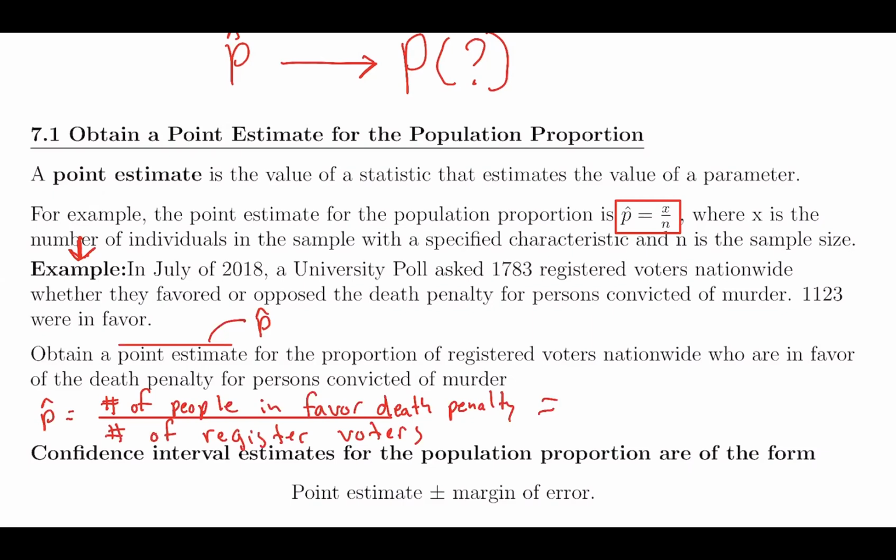On top, we just want how many people are in favor of the death penalty, and on the bottom, we just want the number of registered voters, because that's what we want to find. So let's go ahead and find how many people are in favor of the death penalty.